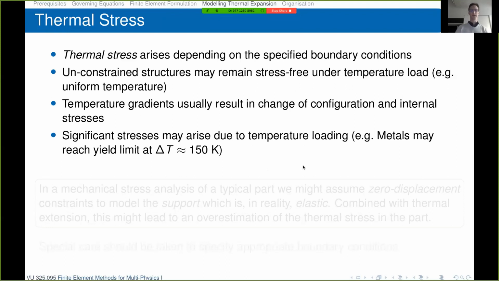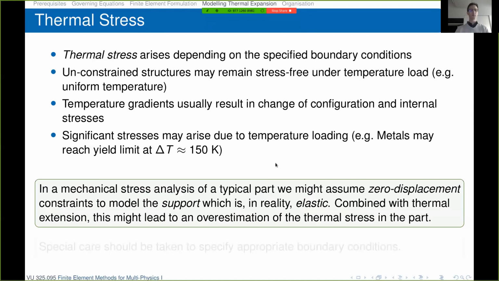For example, let's look at a typical modeling error. Let's consider we do a mechanical stress analysis of a typical part, and what you often do is you say, okay, we have zero displacement boundary conditions at some supports, which, however, in reality is elastic.